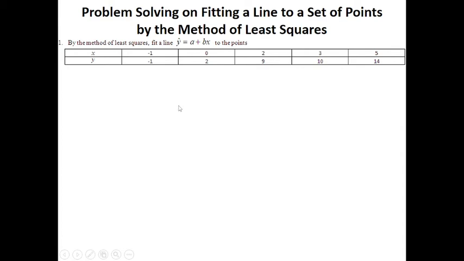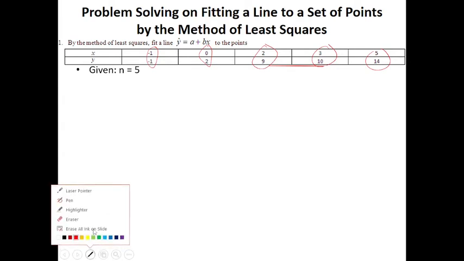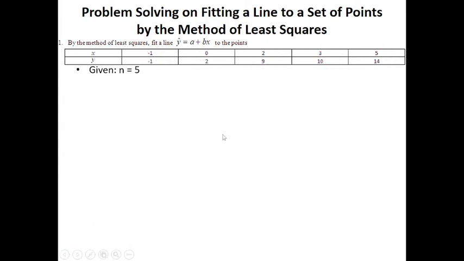So, we will fit a line y hat equals a plus bx to the points. So, given n equals to 5, so 5 points yan. No? Okay. 1, 2, first point, second point, third point, fourth, and fifth. Kaya 5. Okay? We have n equals to 5 points.